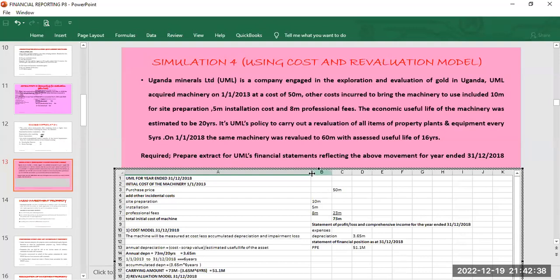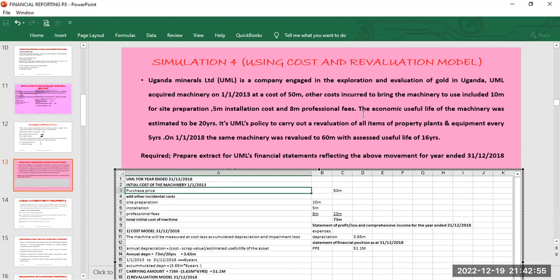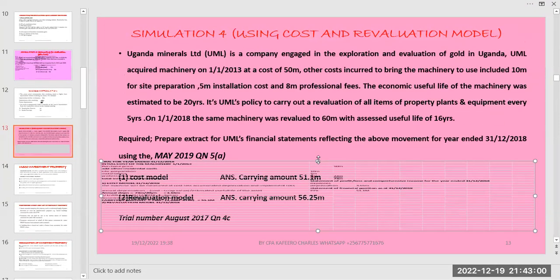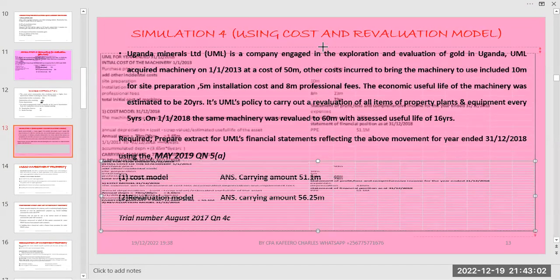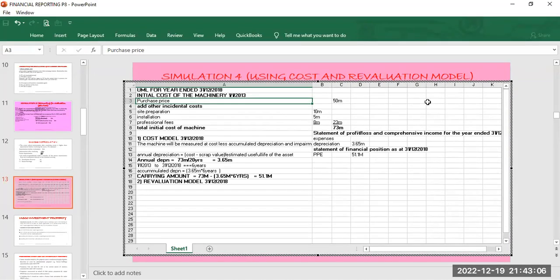So our first task is to look at what is going to be the carrying amount at the date this asset was revalued. That's basically what we are going to look at.